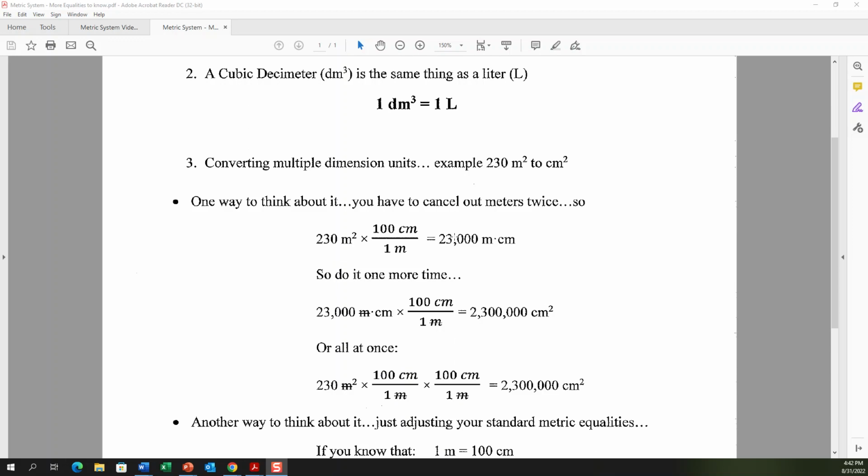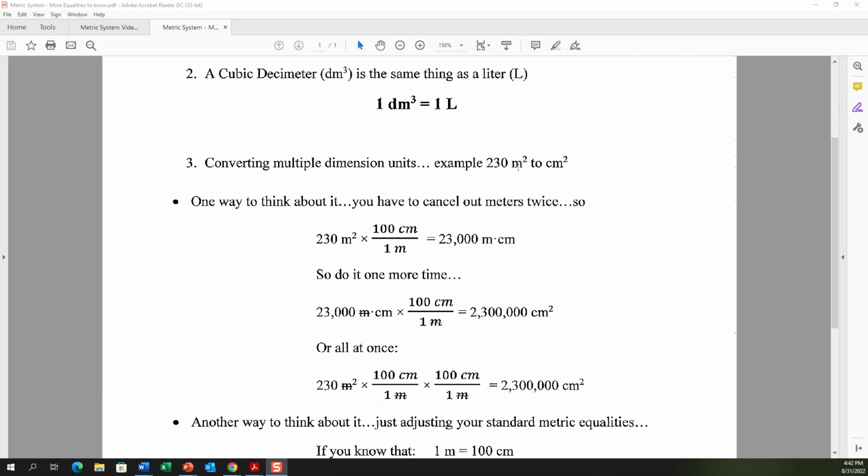And then, what if you have, I might know how to convert meters to centimeters, but do you know how to convert meters squared to centimeters squared, or maybe meters cubed to centimeters cubed, or something like that? So those units, we have to be careful when all of a sudden we add an extra dimension, right?